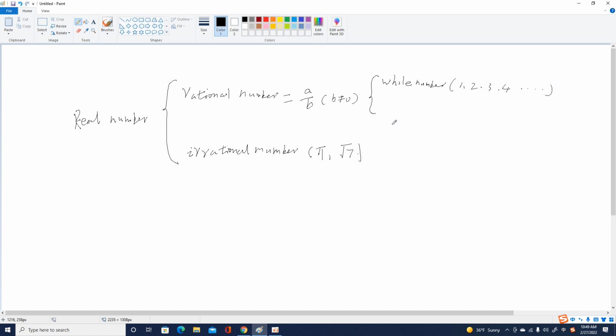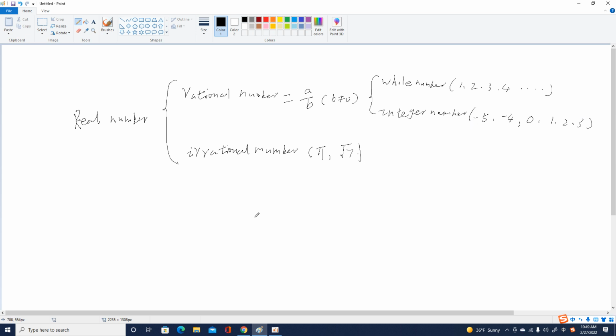Also the integers. Integers are, for example, negative 5, negative 4, 0, 1, 2, 3. So that is the rational numbers.